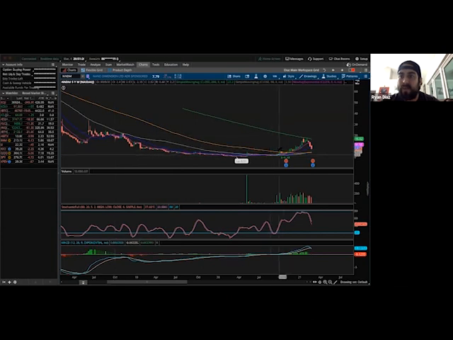So what could happen is it could come down to one of these pivot levels, just as far as technicals go. Let's back the chart up even more. Not only do you have this acting as resistance, but what other pivot levels do we have here? Let me extend this all the way to the right.